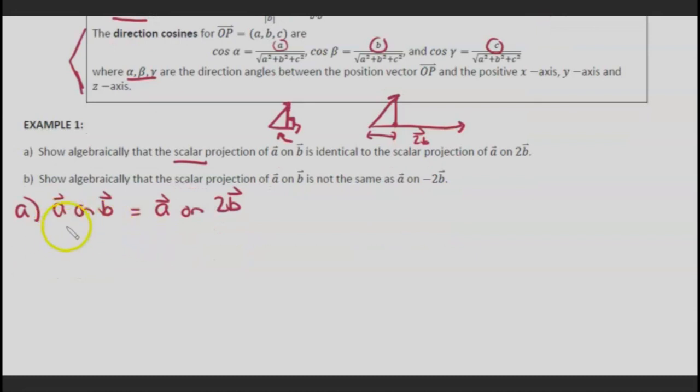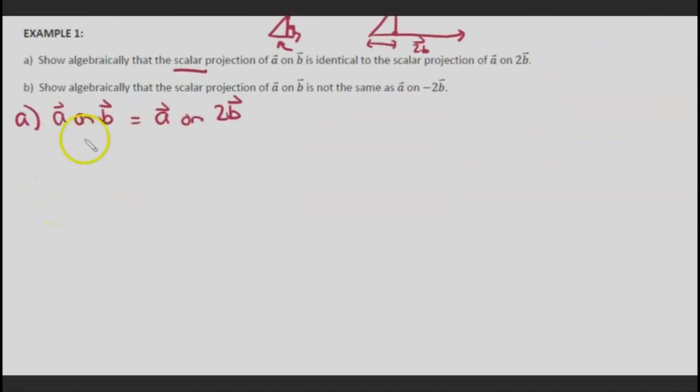I'm going to go ahead and write out the equation for vector A on vector B. It's vector A dot vector B over the magnitude of vector B. Now, A onto 2B is going to be very similar.